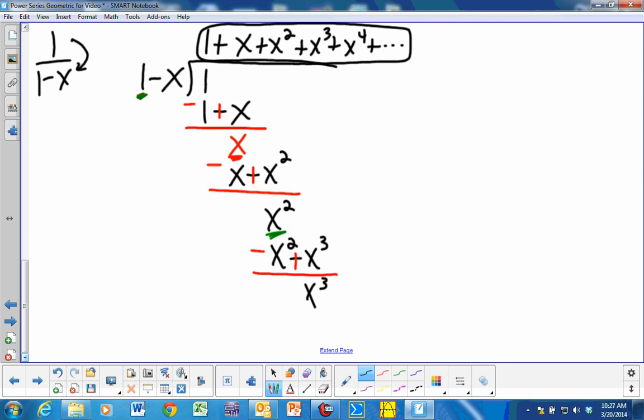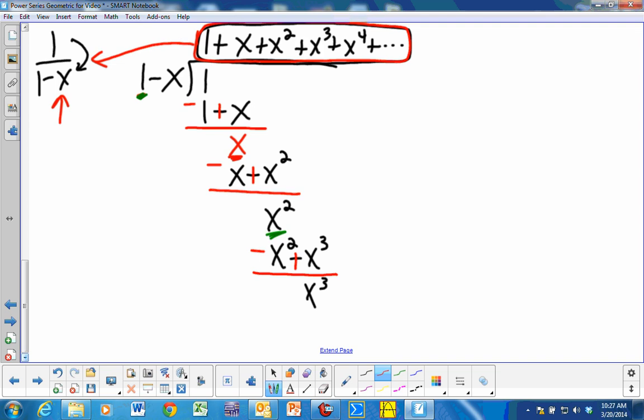Now, the other thing, it says to verify by graphing. Well, part of the reason we need that interval of convergence is, we know for a fact that this polynomial cannot exactly equal this function in all places because this function is undefined when x equals 1.